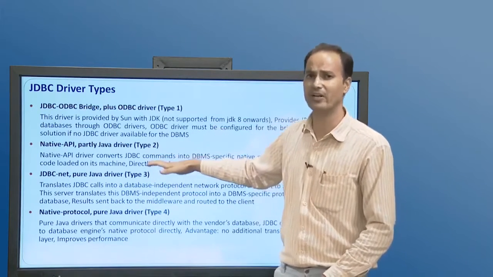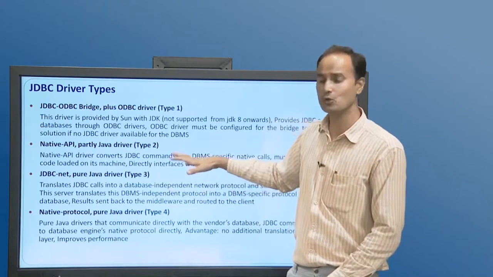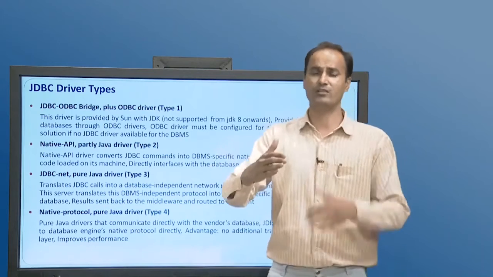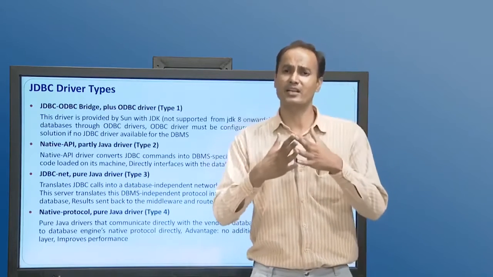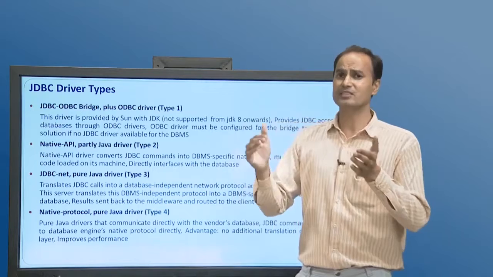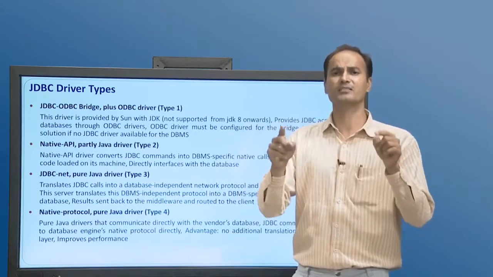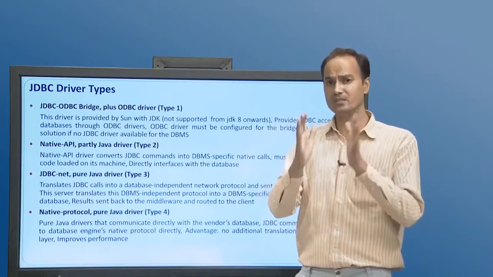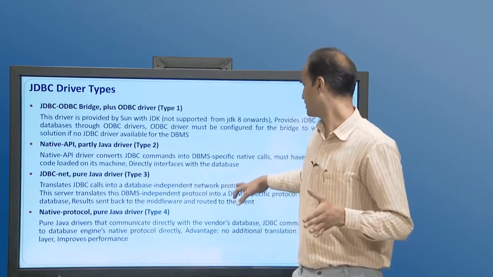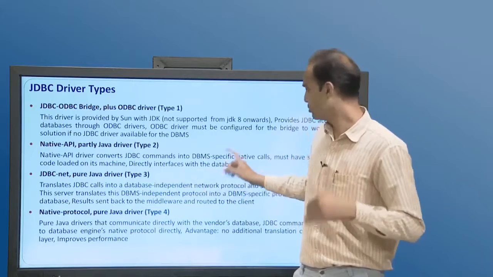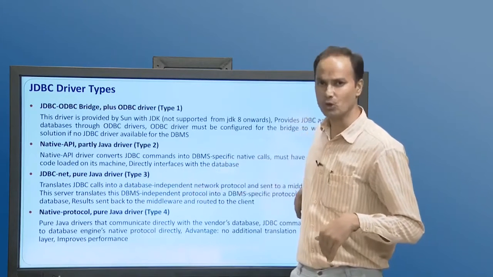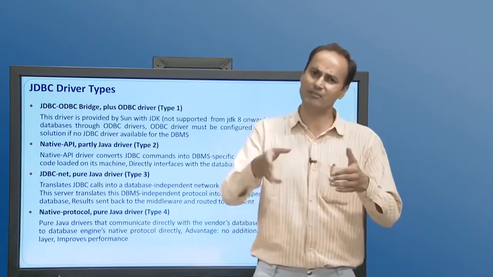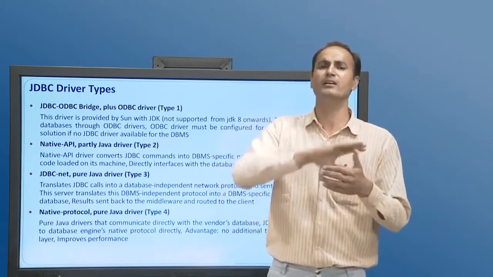This kind of driver translates the JDBC call into a database-independent network protocol and sends it to the middle-level server. The middle-level server then receives it and translates the database-independent network protocol into the DBMS-specific protocol, and sends it to the database. The result is sent back in the same way in reverse order and translated back to the client.